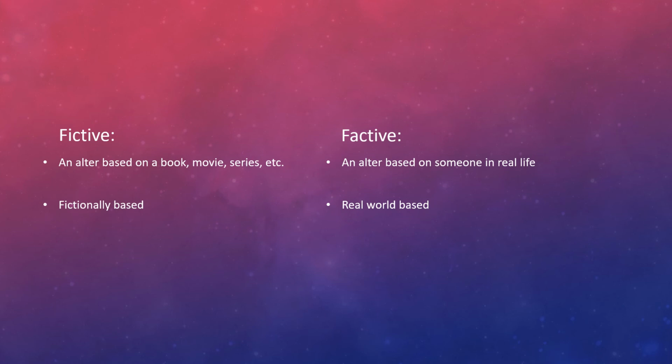They are fictionally based. This could be a character out of a book, a movie, a series that you like watching, etc. Factives, on the other hand, are based on someone in real life. This could be someone you looked up to. This could even be the person that caused you harm, etc. They're just based on an actual person.